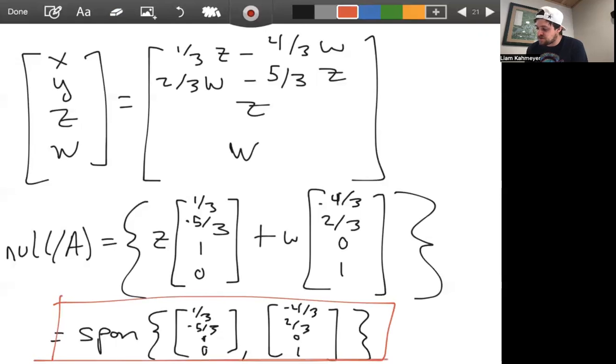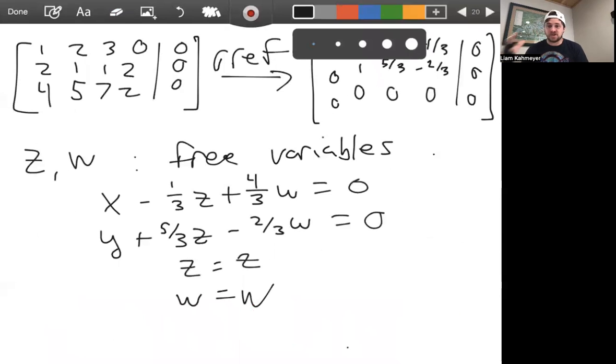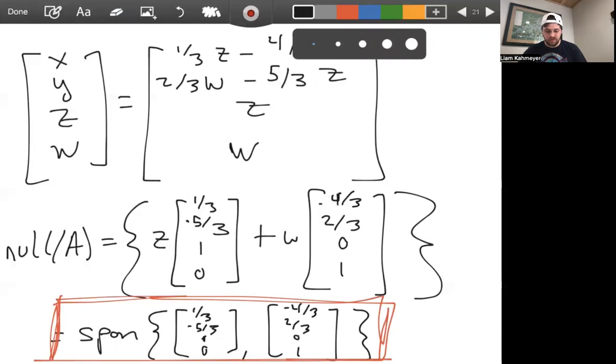So here's how we would describe the null space of this matrix. And remember, this is also the solution space to the homogeneous system of linear equations generated by setting the matrix A times vector x equal to 0 here. And so now we know that the general solution is a particular solution plus basically all of this family of solutions, right?